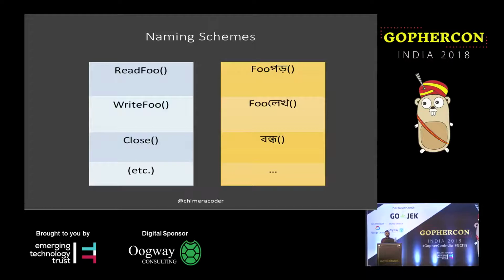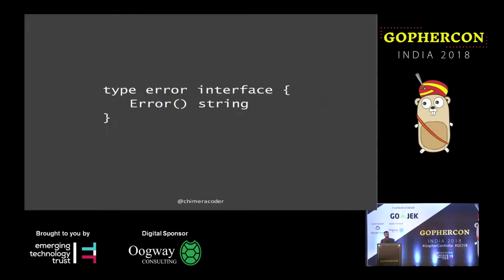But even if you don't know what foo is, if you can read either the right or the left-hand side, you know that boro leko, you can tell that it's reading or writing something. That gives you some important context. So we might not get all of the translations for free, but we can still get many of them, and that's a huge step forward for someone who doesn't read the Latin script or doesn't speak English.